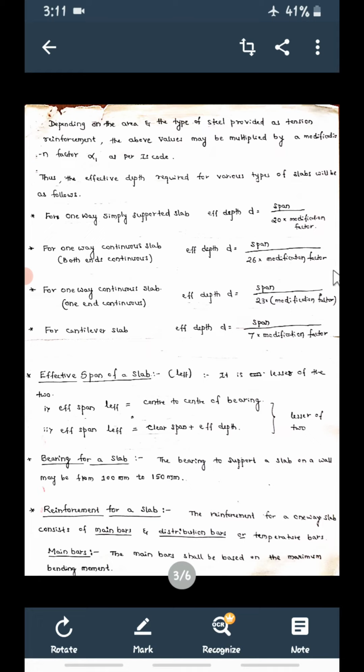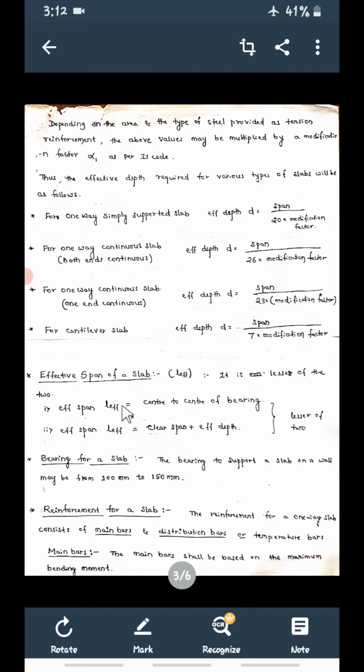KT depends upon the percentage of steel, and you can get it from figure number 4 of IS 456 2000. So for a one way simply supported slab it is span divided by 20 into modification factor; for a one way continuous slab, span divided by 26; for one end continuous, span divided by 23; and for a cantilever slab, span divided by 7 into modification factor, with KT obtained from figure 4 of IS 456 2000.